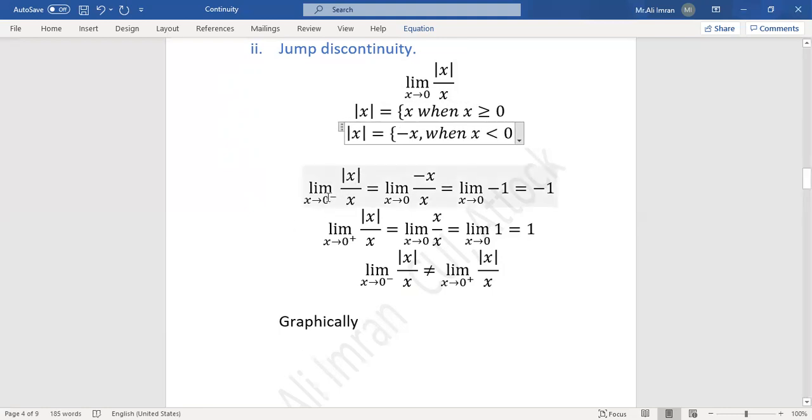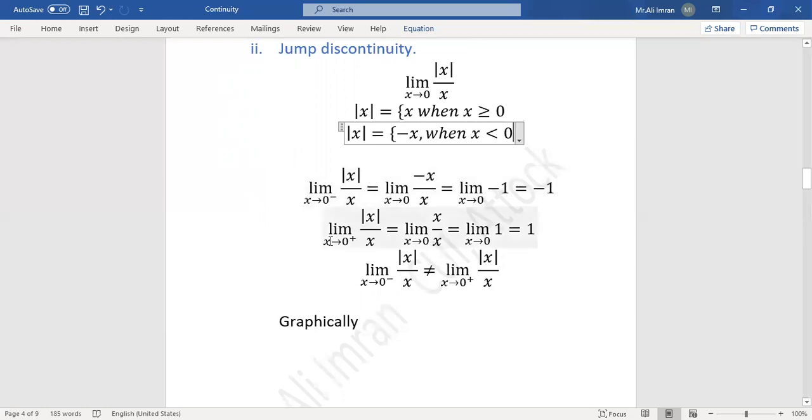So for the left hand limit, we will have the value of the function |x| equal to minus x, and cancelling the common factor from numerator and denominator, we will get minus 1, and we get the left hand limit minus 1.